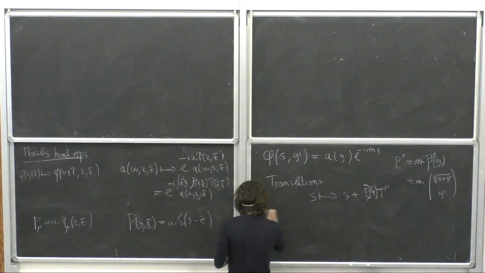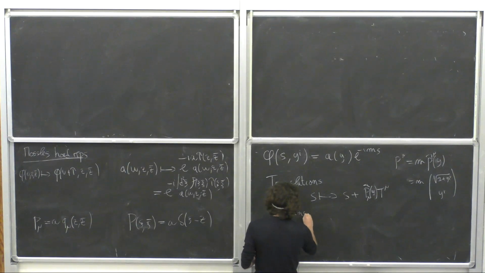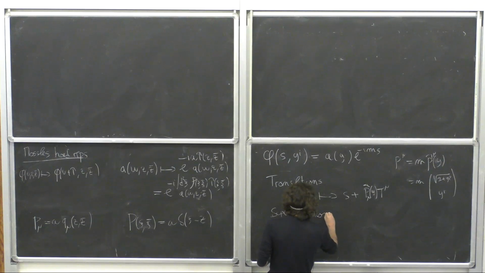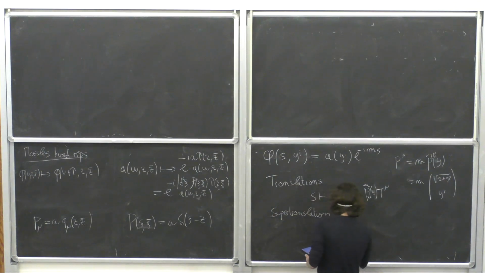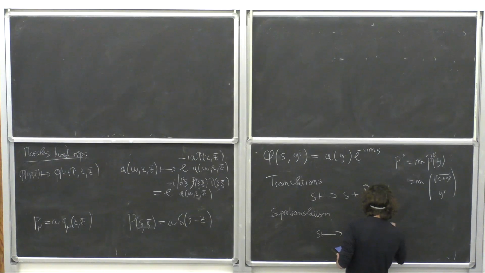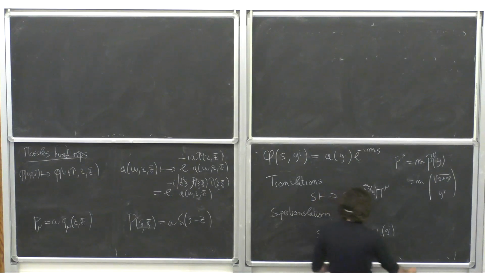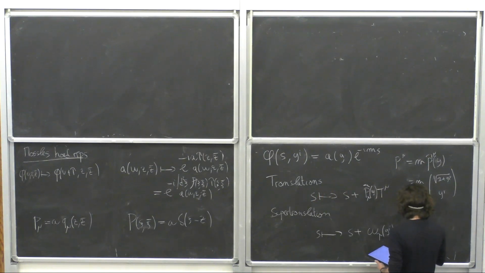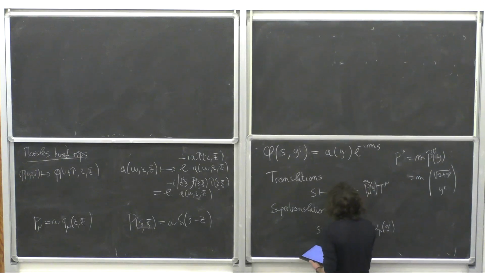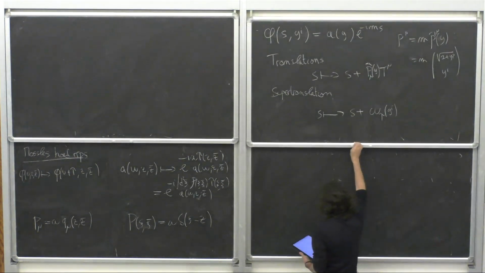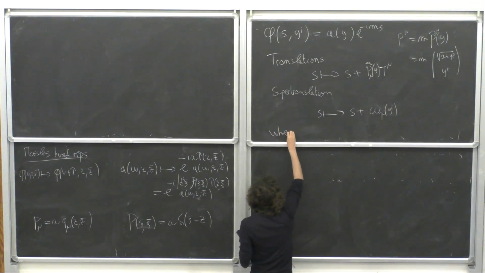But now you can extend it to super translations, so BMS, by doing the following: you take s goes to s plus omega curly T of y. Now, it's a function on the base parameterized by y, where you obtain this function. This is important.